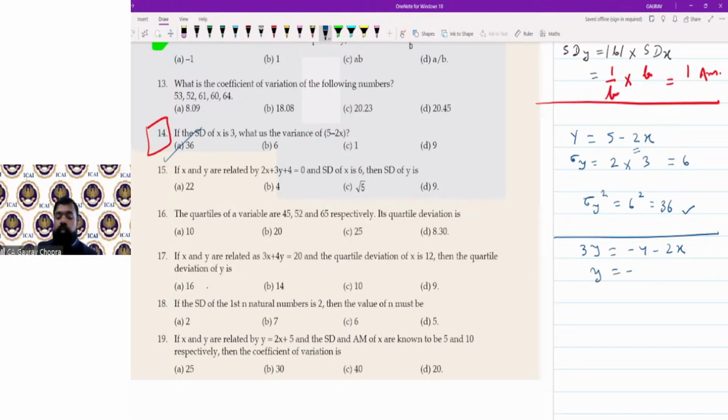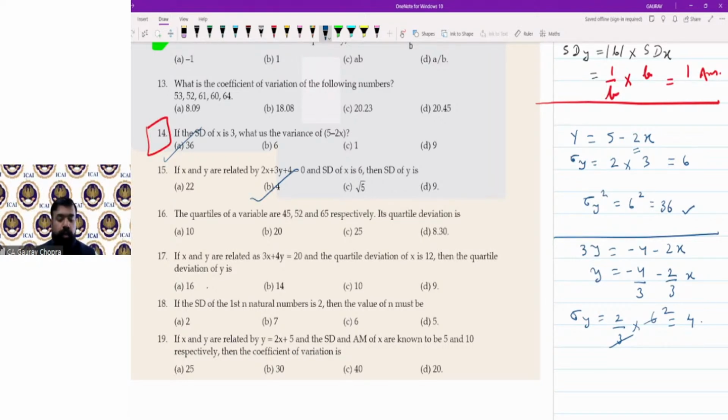So y is minus 4 by 3 minus 2 by 3 x. So the standard deviation of y is mod b multiplied by the standard deviation of x. On cancellation, you will get 4. So option number B is correct. Right?